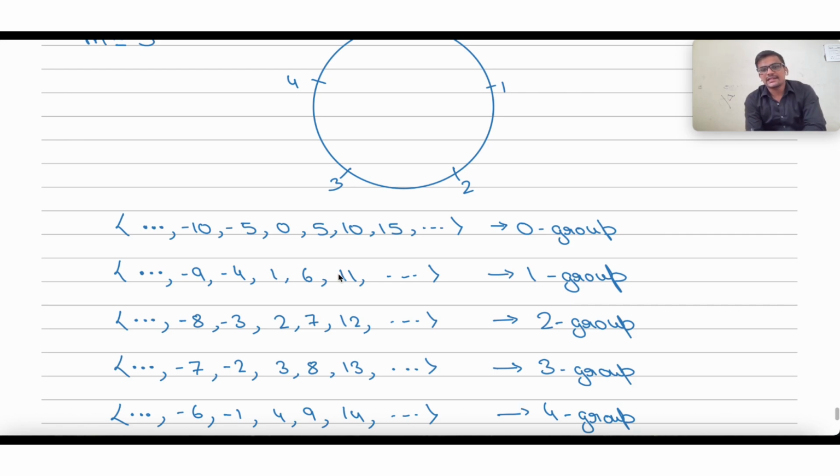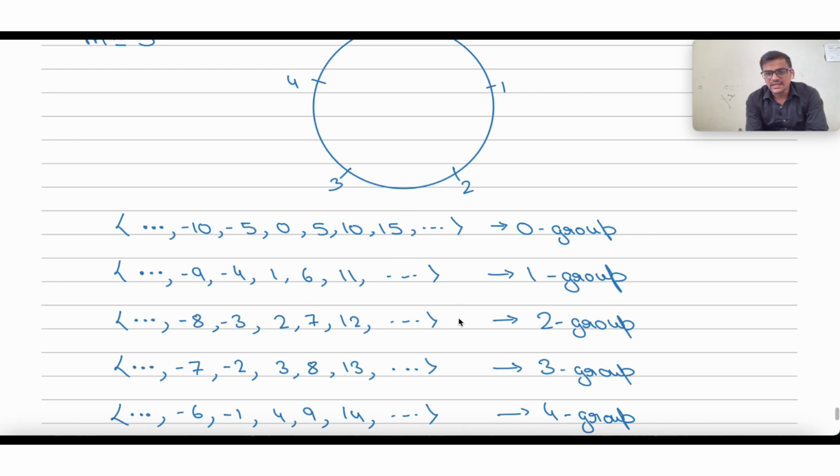Now if you take any integer, that integer will lie in one of the groups. Got it or not? Now what will happen? From the same group, if you take any two numbers, then they are congruent modulo M. That is what we are defining: two integers are congruent modulo M if they give the same remainder.